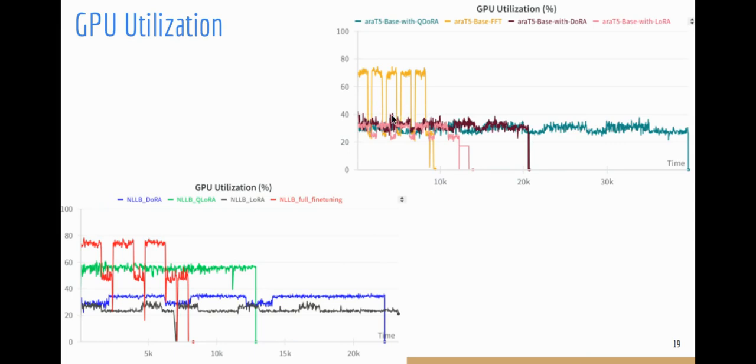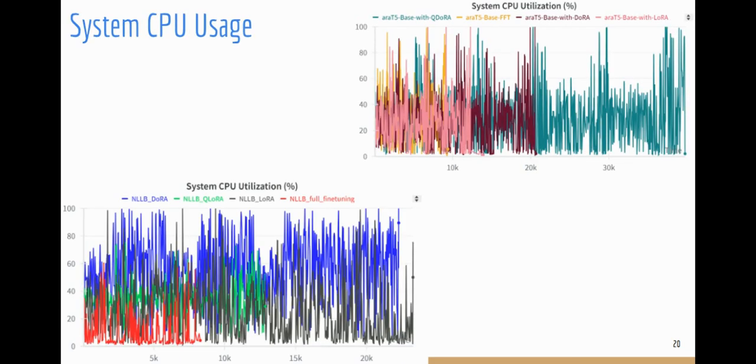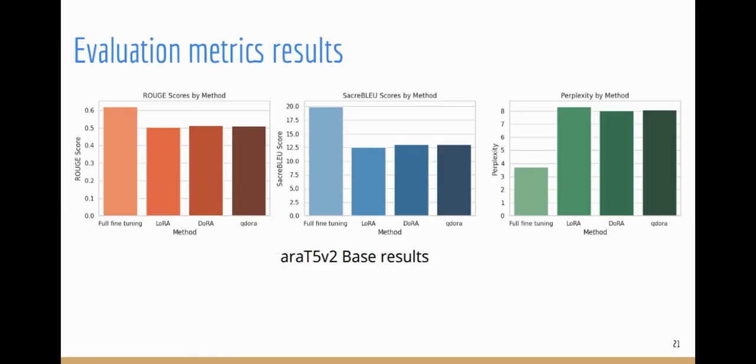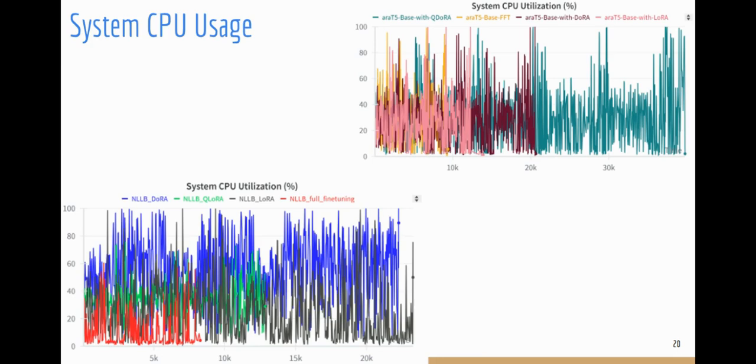Full fine-tuning used the most GPU compared to the other techniques, as we see here, and the system CPU usage was also high in full fine-tuning compared to the others, especially in this model.